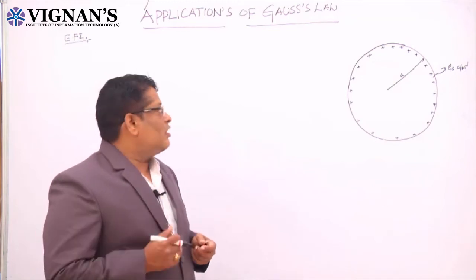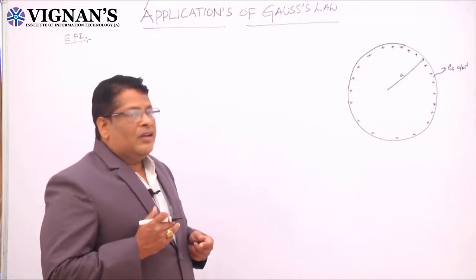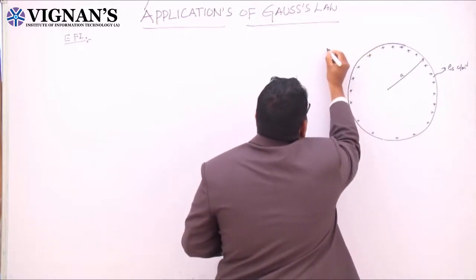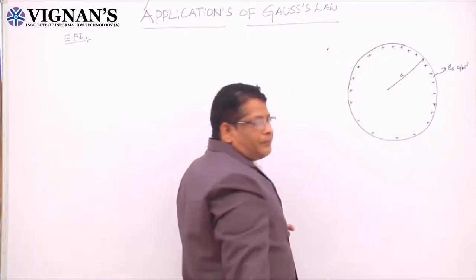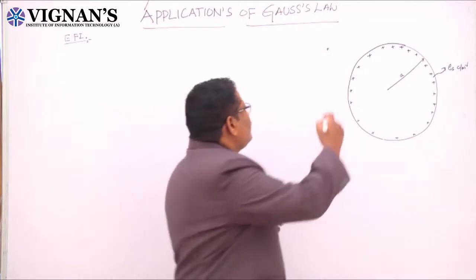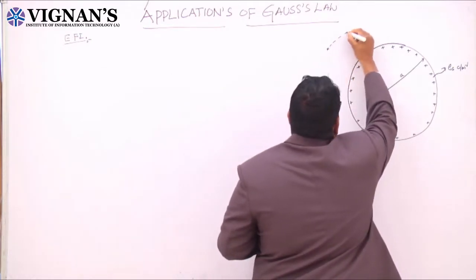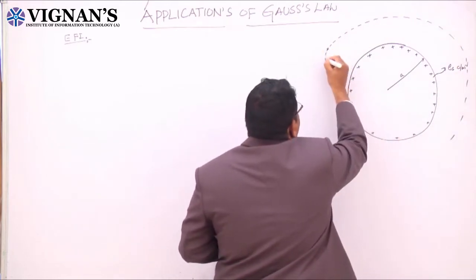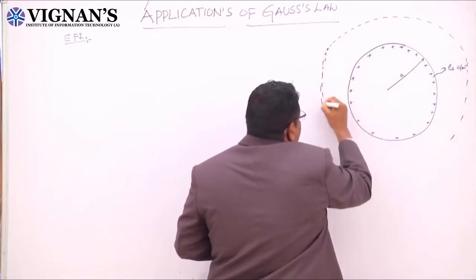So let me start with the electric field intensity outside of the shell. Suppose we want to find out the electric field intensity at this point. Now we take the Gaussian surface as a sphere with a radius of r.